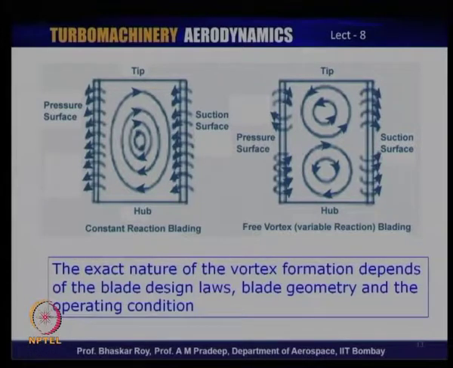Now, what happens in a free vortex or even relaxed free vortex or the modern version of control free vortex design is that it gives a variable reaction blading or variable degree of reaction blading, and as a result of which one can say that the nature of the vortex formation and the strength of vortices from hub to the tip depends on the blade design laws and the blade geometry and indeed the operating condition.